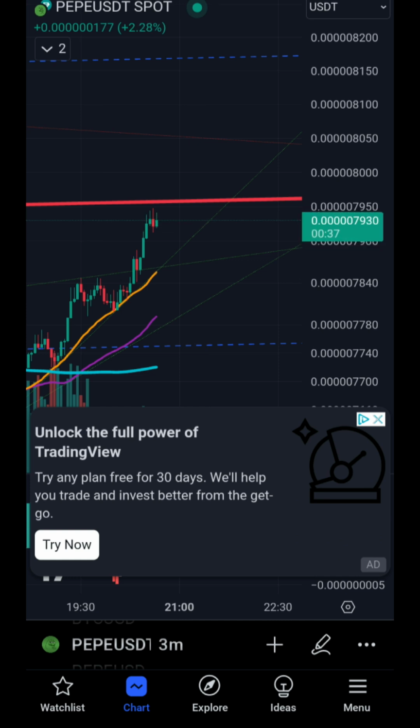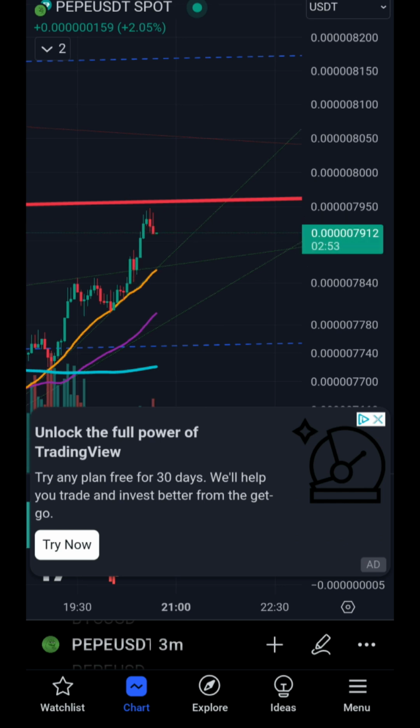Trying to go up but not managing, and it's going down from that grid line. Now I'm waiting for another long trade, waiting for 2 green candles.